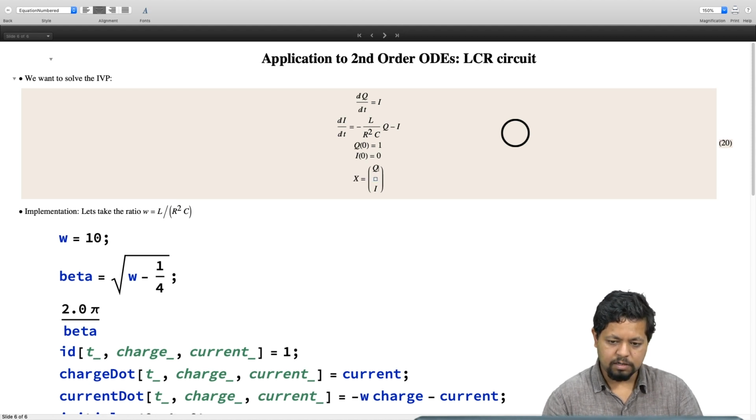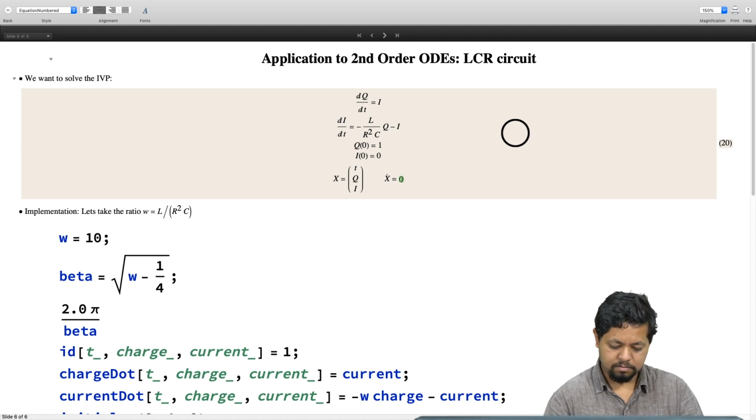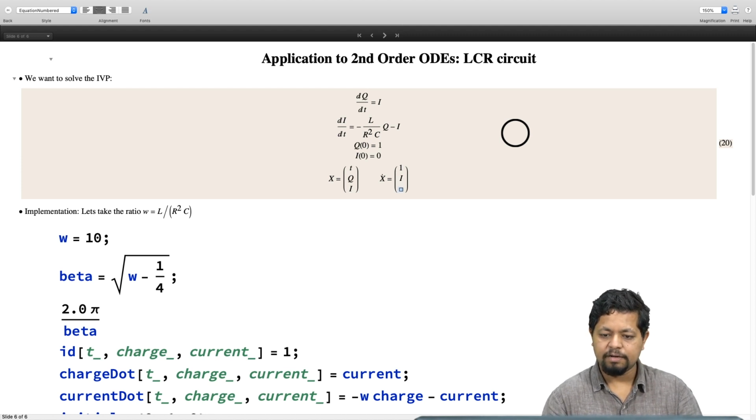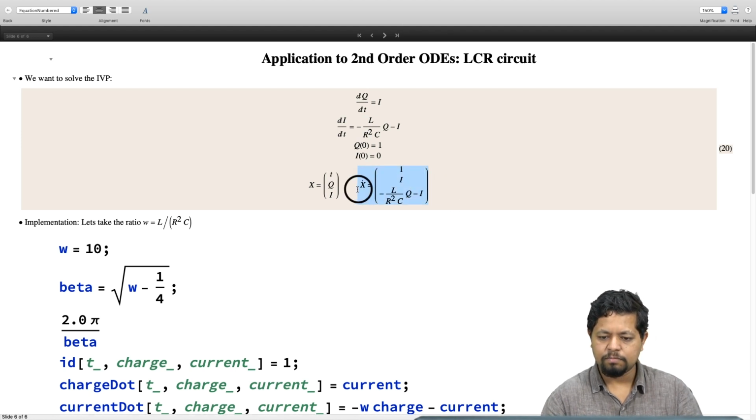So I can go ahead and include that. So T, Q and I is my X, and I'm writing X dot as, again, this is 1, this is simply I because Q dot is I and I dot is this. So this is my differential equation written in the matrix form.